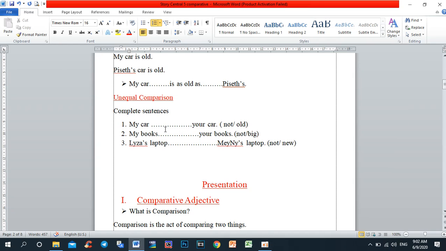So we can make it as: my car isn't as old as your car. And here, my books, your books, not big. So it is: my books aren't as big as your books.